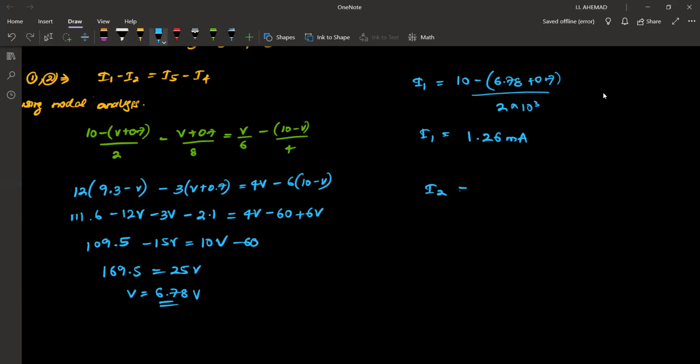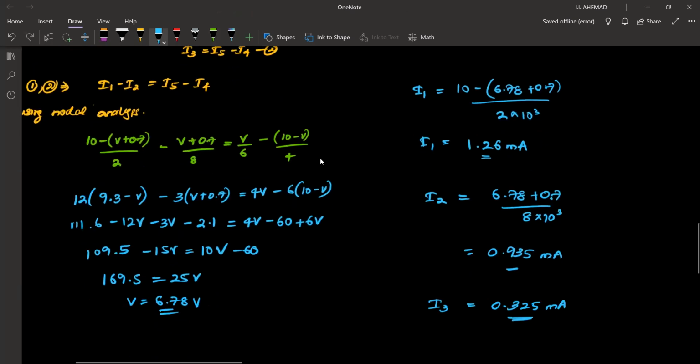And I2 is equal to 0.325 milliamperes. That is the current through the diode.